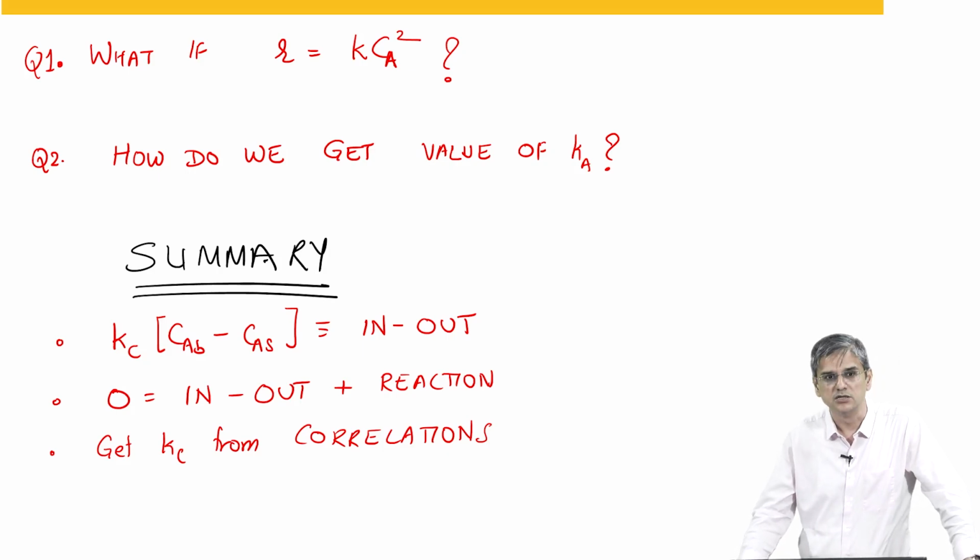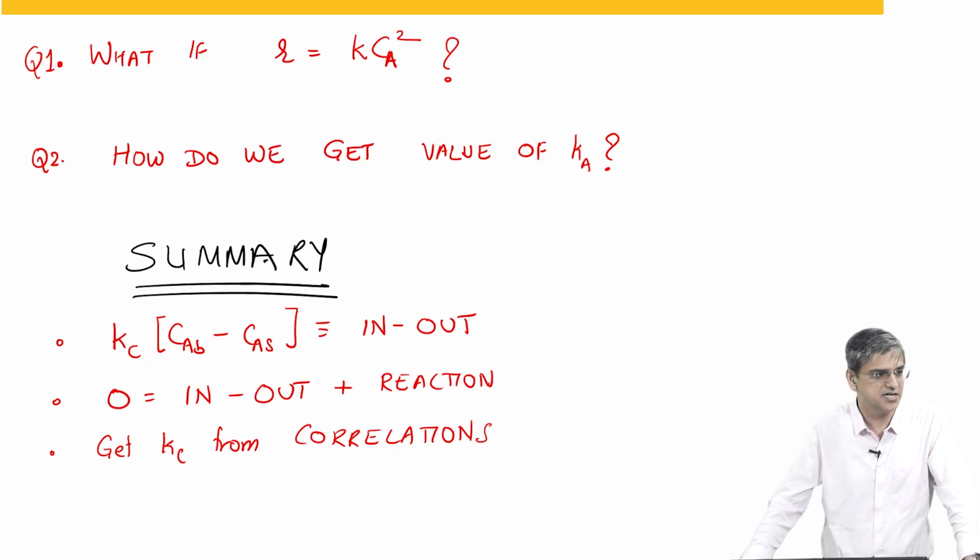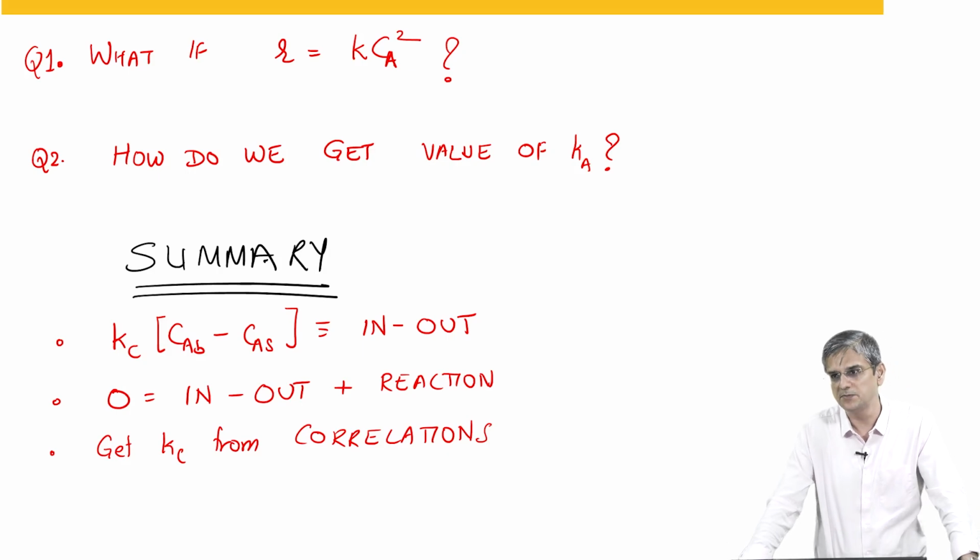Now, the flux Kc multiplied by Cab minus Cas is in terms of moles per meter square surface per second. So you will have to multiply the flux with the surface area.